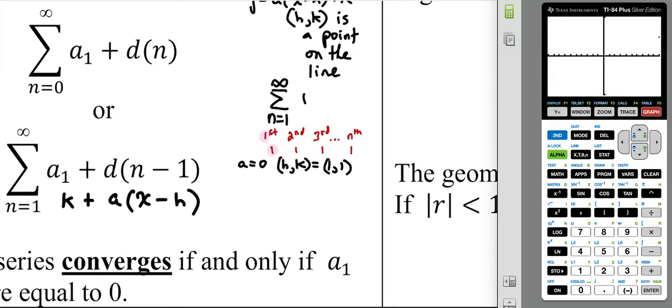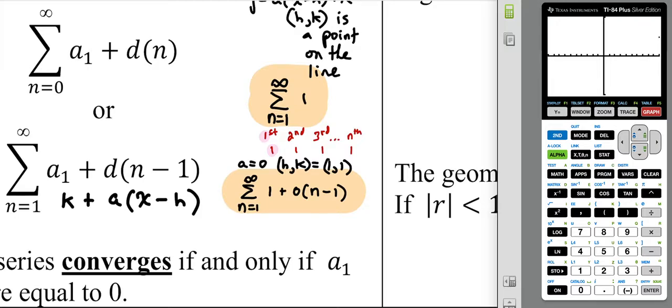So I would rewrite this as the sum from n equals 1 to infinity of 1 plus 0 times n minus 1. So this is a way of representing this series as an arithmetic series.